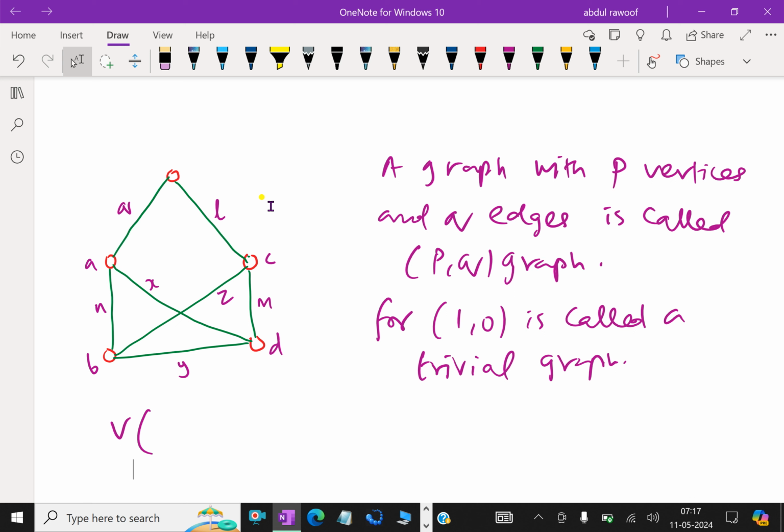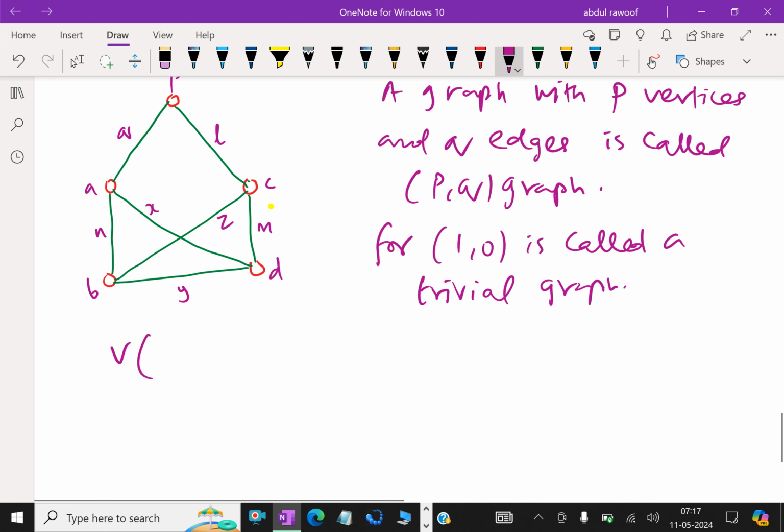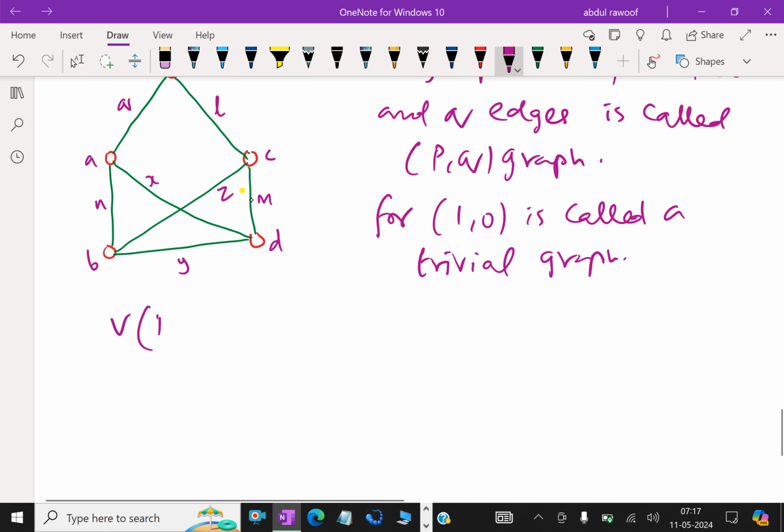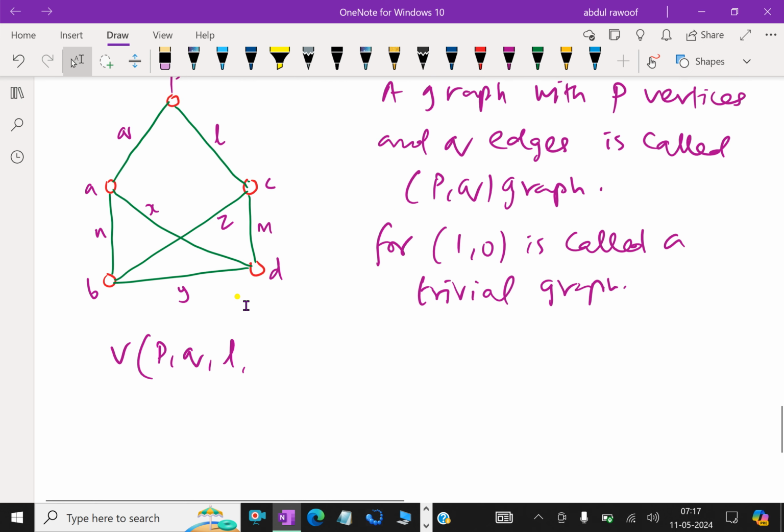They are P, A, B, C, D. These are the vertex points.